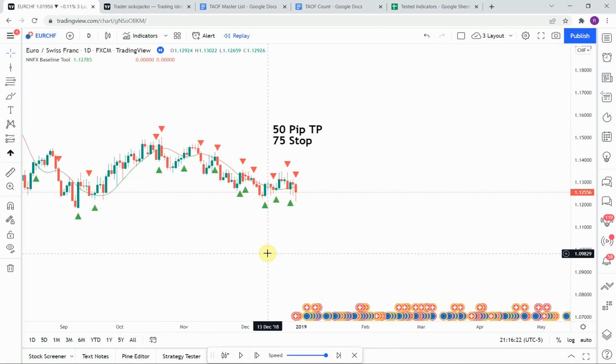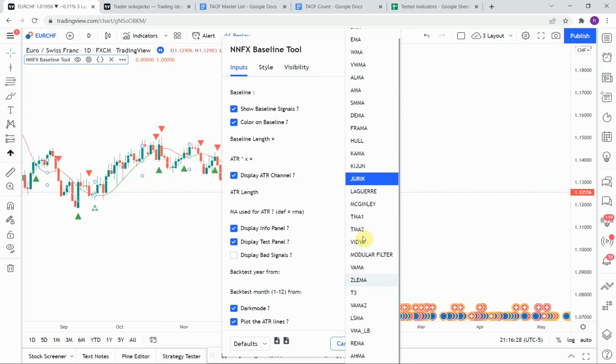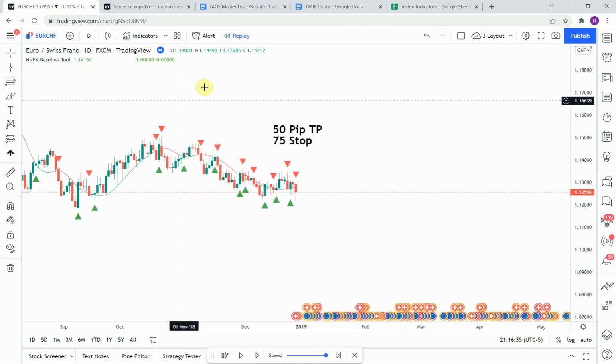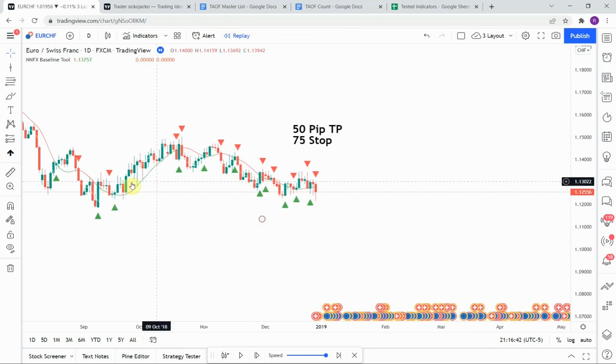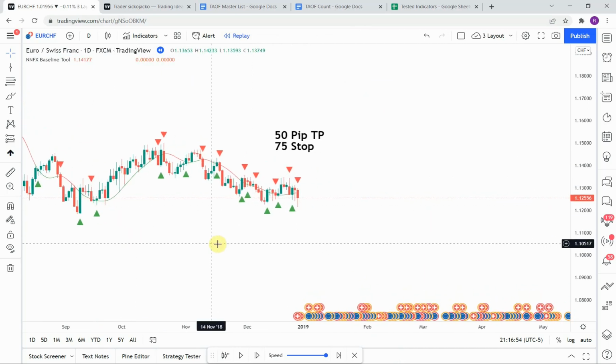And so what it allows you to do is plug in multiple different moving averages, mostly moving averages, but a few other oscillating lines, if you will. And it allows you to use them as a baseline that interacts with price action. And so as you get a break to the upside, you'll get a green arrow pointing up. And then when it breaks to the downside, you'll get a red arrow pointing down.